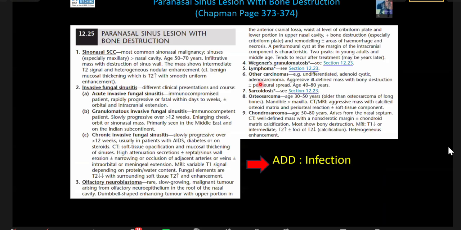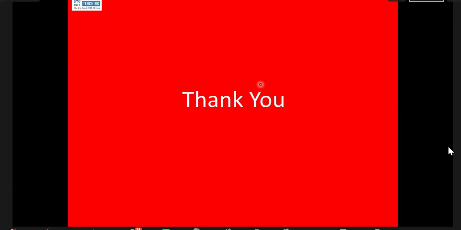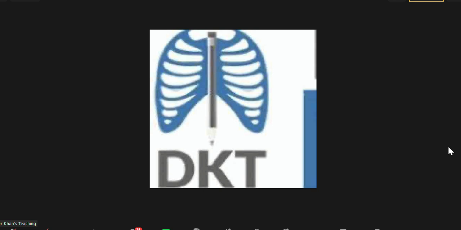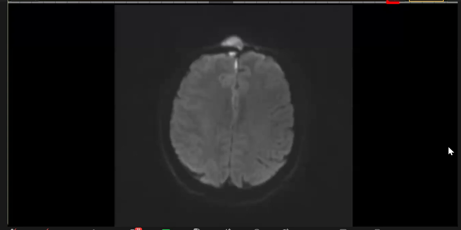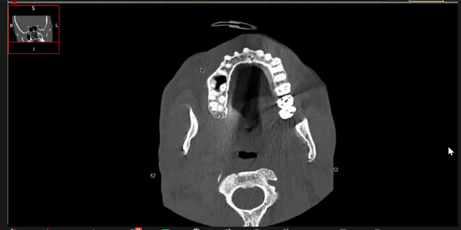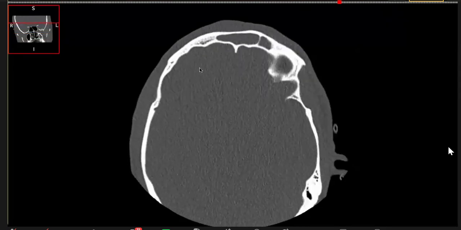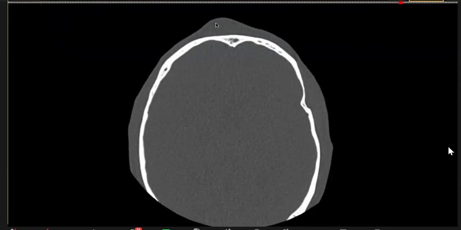Now we go to our explanation, and that will end the day. So if you go back, the points to learn in this case are that we picked up the sinus and there was a swelling.